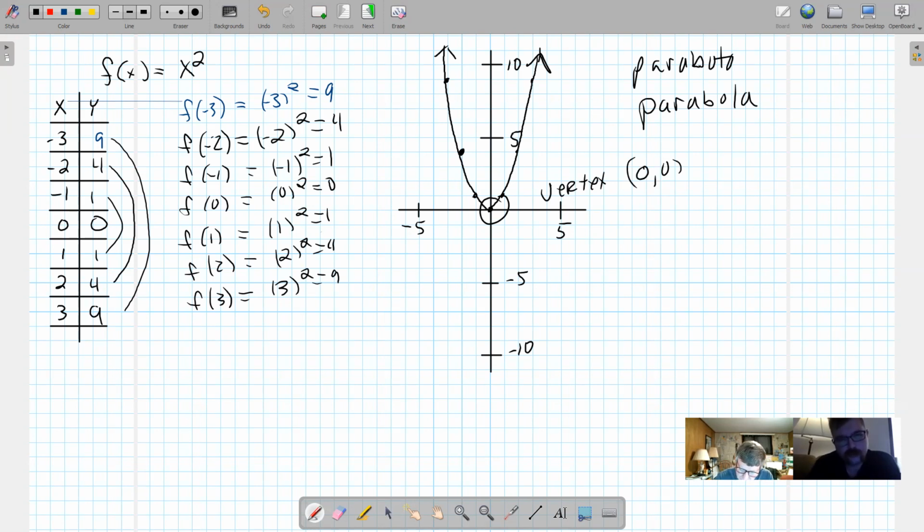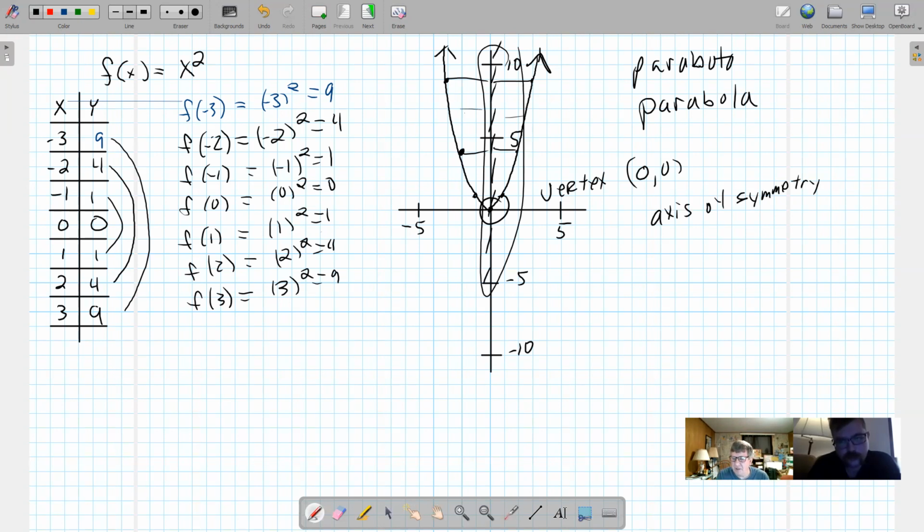All right. Also, this parabola has symmetry. If we were to take the y-axis and fold a piece of paper along the y-axis, we see that the parabola is symmetrical. This distance here is the same as that distance, et cetera. This thing right here is called the axis of symmetry.